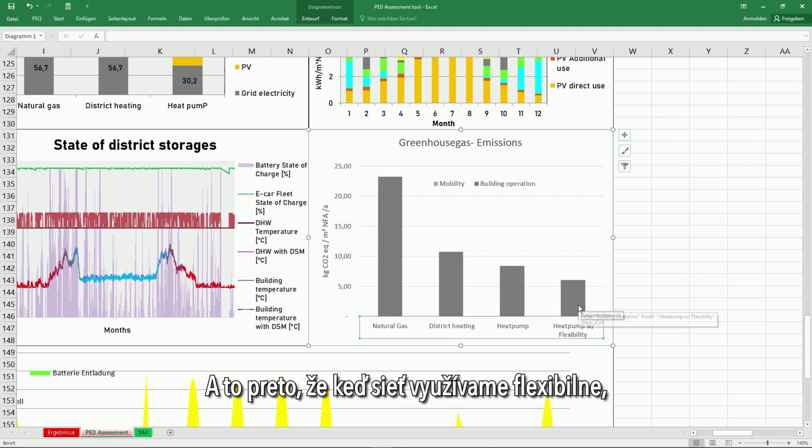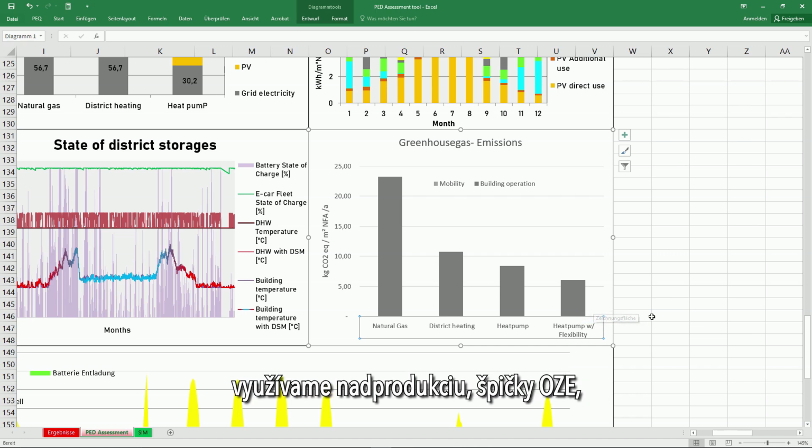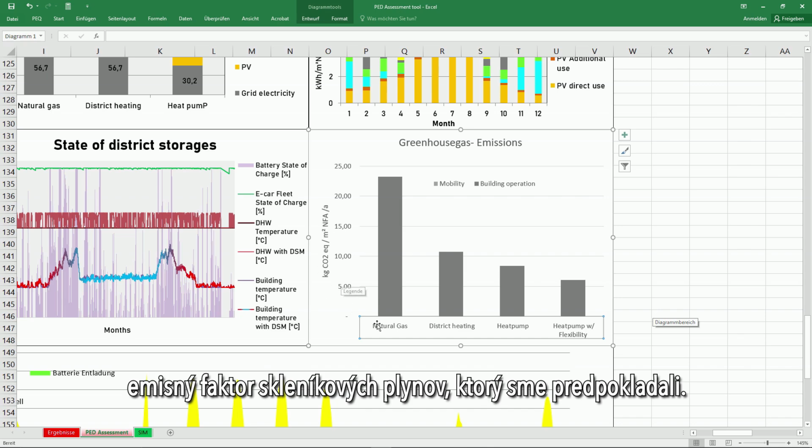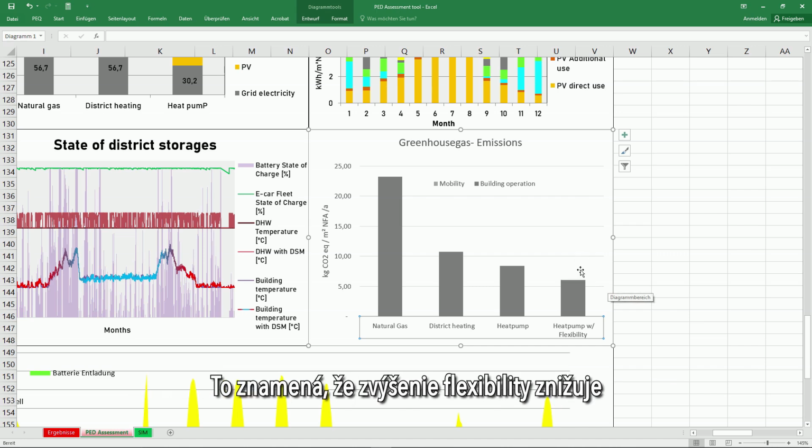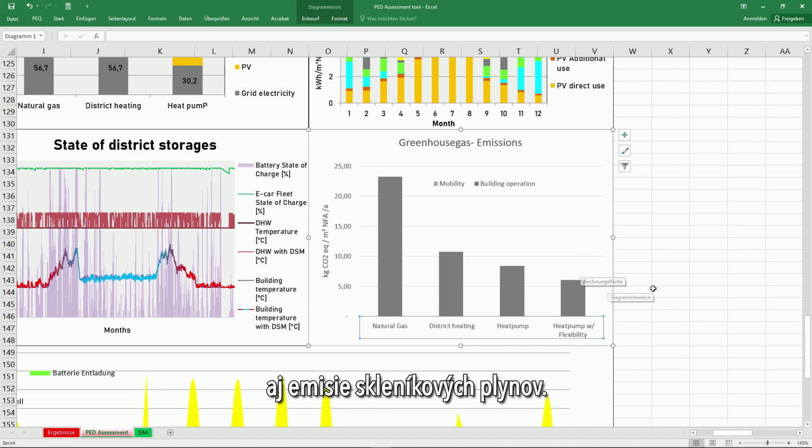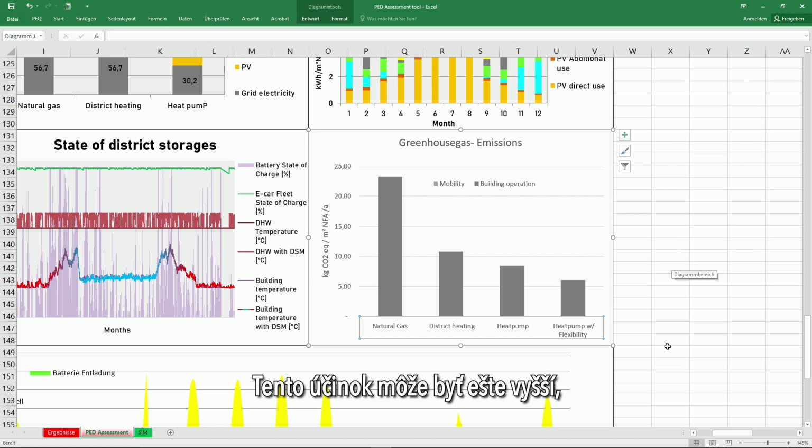And this is because when we're flexibly using the grid, we're using renewable overshoots, renewable peaks, which actually have a greenhouse gas emission factor of 0 in our assumption. So this means that increasing the flexibility also decreases the greenhouse gas emissions. And these effects can be even higher if you have other grid greenhouse gas intensities.